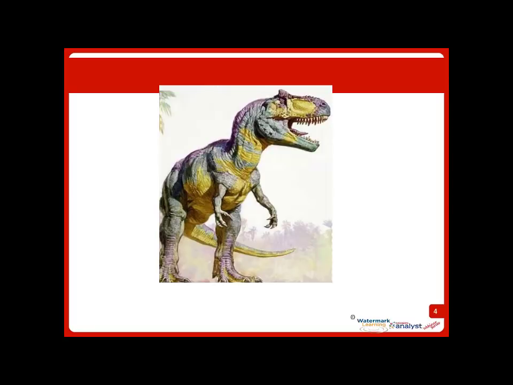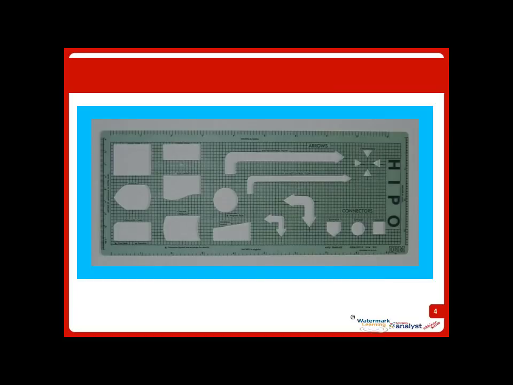But first, I wonder if anyone else out there besides me is old enough to have used this tool. It's a little template. It was a plastic thing, and back in the dark ages, we used it a lot. My first real job, my first full-time job, was as a management consultant, and I used this tool to document business processes.